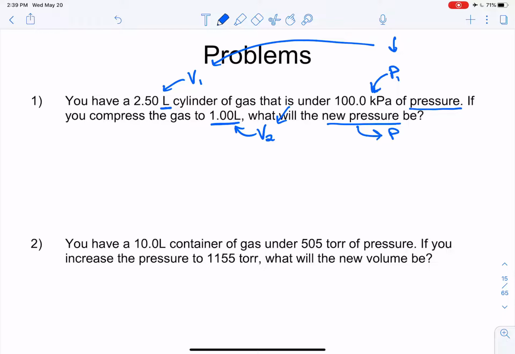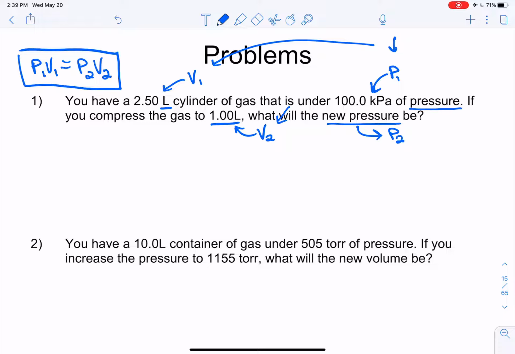So this must be P what? P2, because it's that pressure when you have volume 2. So if you have V1, P1, V2, P2, you should have an alarm bell going off in your mind saying, aha, I am going to use the equation P1V1 equals what? Equals P2V2. Also, we haven't seen any other equations yet.